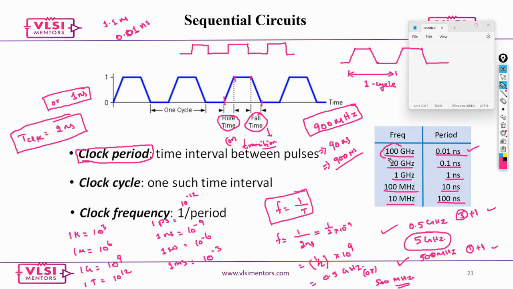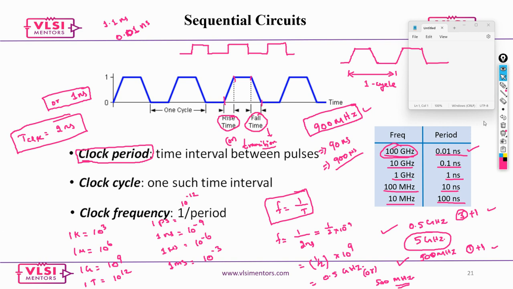0.01 is 100 gigahertz, no? I'm just giving you 900 megahertz. 900 megahertz, okay. 9 into 10 to the power of 9, 1 by 9 is 0.1. Is it 9 nanoseconds? 0.1 nanoseconds is 10 gigahertz.